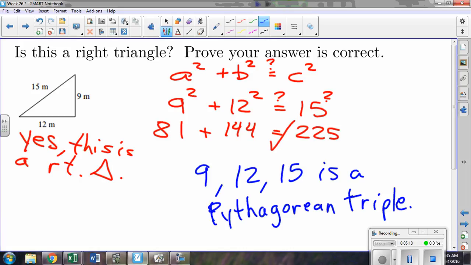If you have 3 whole numbers that actually make the Pythagorean theorem work, they're called a Pythagorean triple. Some very common ones: 3, 4, 5 fits the Pythagorean triple. 5, 12, and 13 fit the Pythagorean triple. And those are really the 2 most common ones. Based on similarity, you can create a whole lot more.